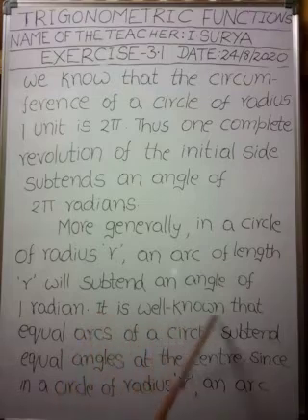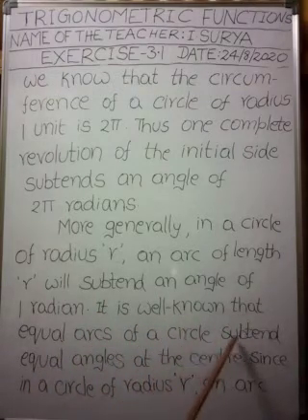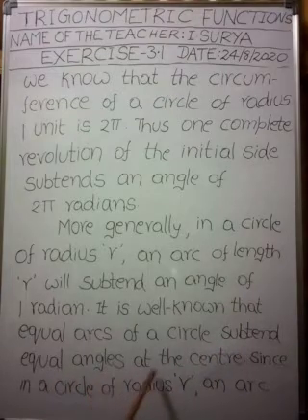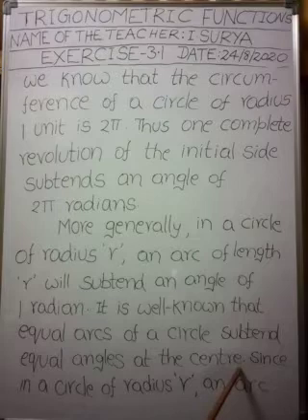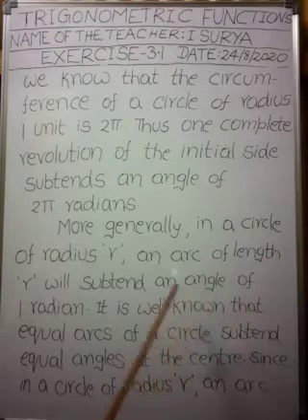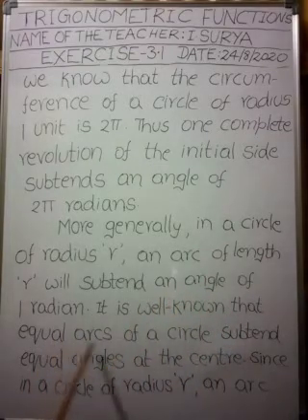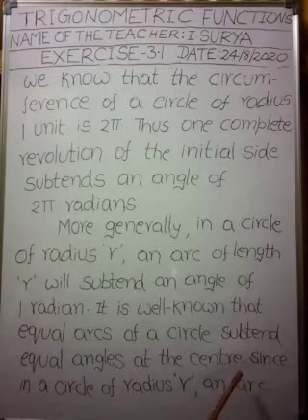It is well known that equal arcs of a circle subtend equal angles at the center of the circle. This is a theorem you have already studied in the 9th and 10th classes. Equal arcs of a circle subtend equal angles at the center of the circle.